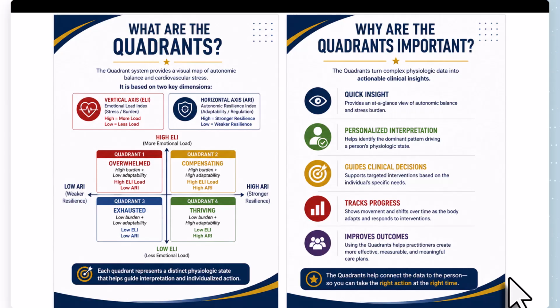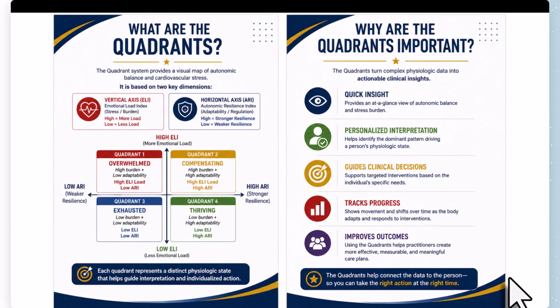This takes a nice global look at all the parameters on the HeartQuest and places your patient into one of these quadrants. Are they overwhelmed? Are they compensating? Are they exhausted? Are they thriving? And obviously we want to get them to quadrant 4.